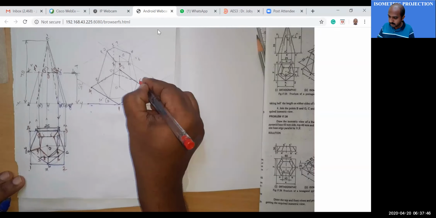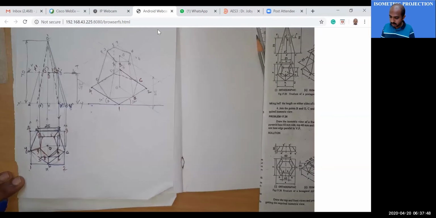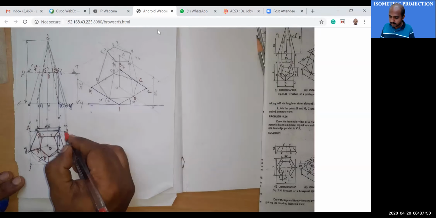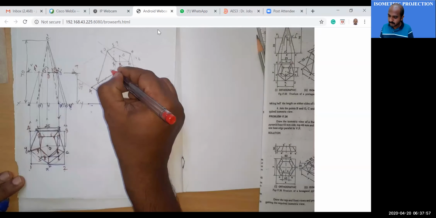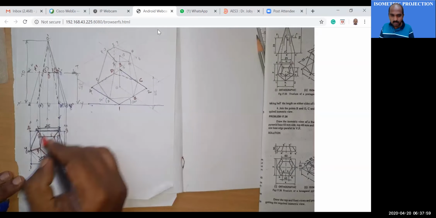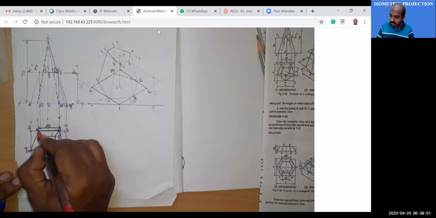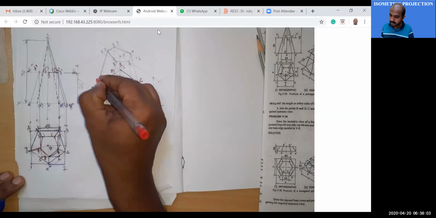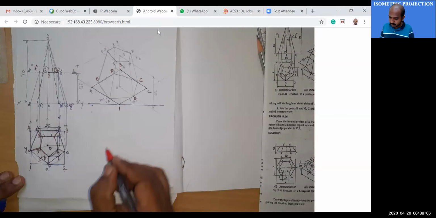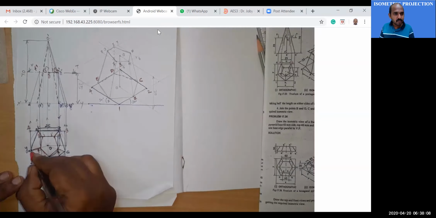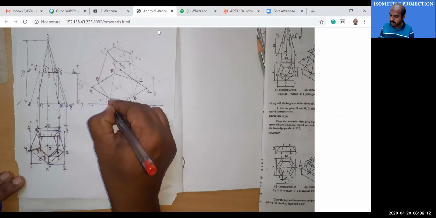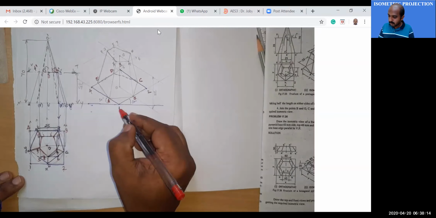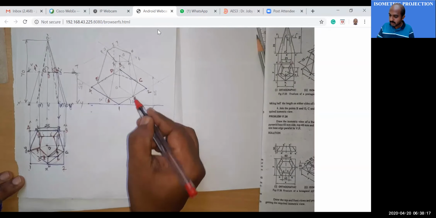This is the capital C. Then you measure 3 to D and mark here capital D. And you measure 4 to E and mark it as capital E. Then the next point, 1 to A, mark here capital A. So we completed the bottom A, B, C, D, E.